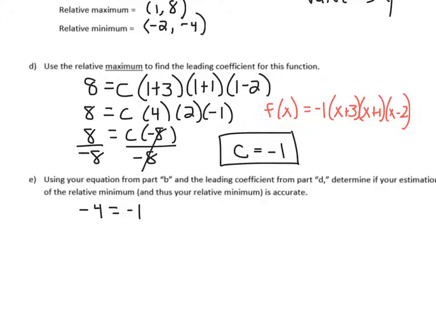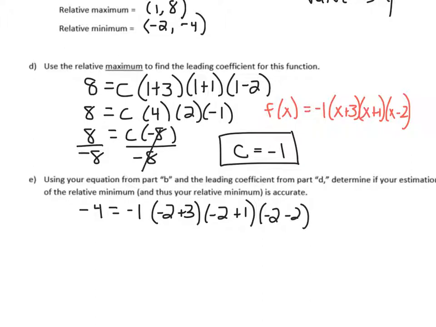So we could rewrite that as negative 2 plus 3. And then instead of having x plus 1, we're again going to replace that x with a negative 2. So we'll have negative 2 plus 1. And we're also going to replace this x with a negative 2. So we'll have negative 2 minus 2.